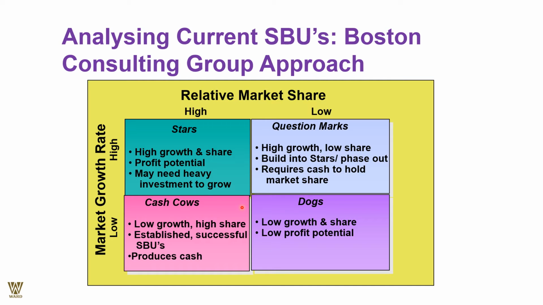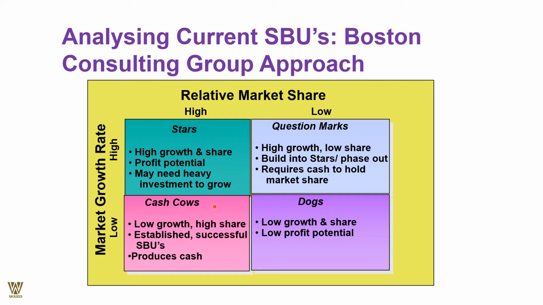You are going to come up with your cash cows, a low growth, high share kind of establishment. Successful SBUs produce cash thereby. And what happens when relative market share is high and the growth potential is also very high? So we are talking about a high growth, high share market.